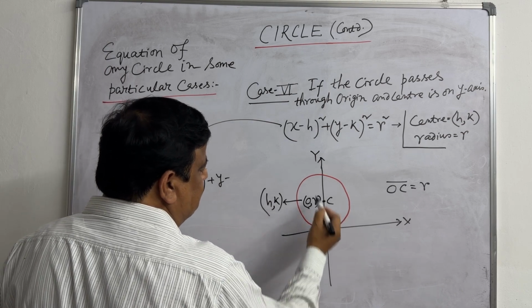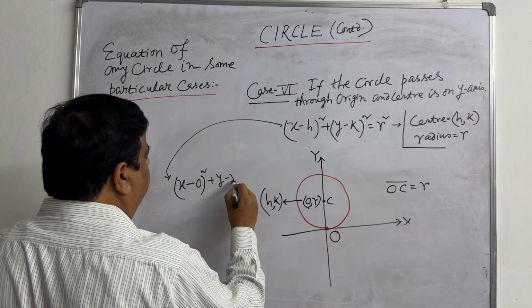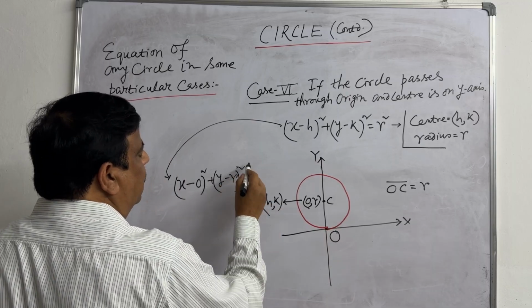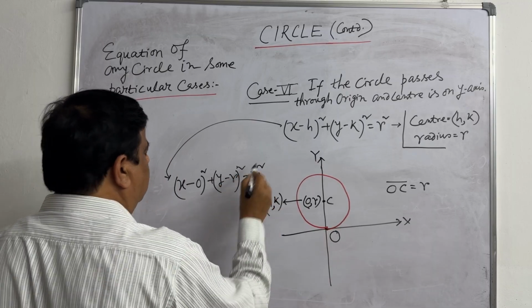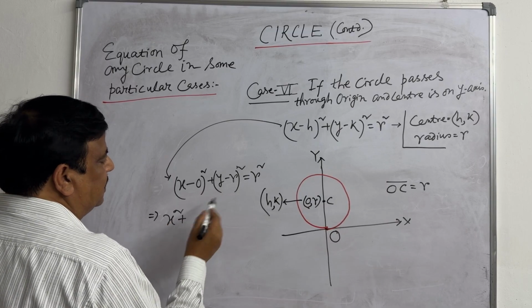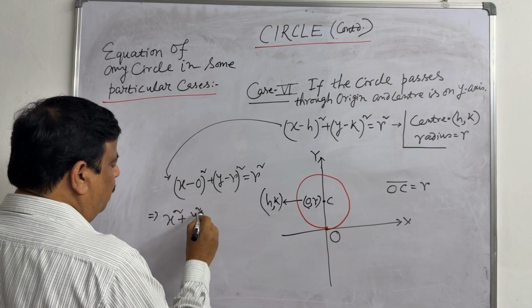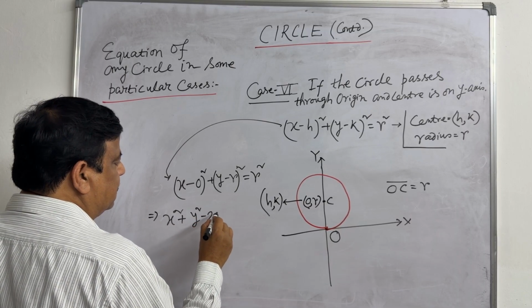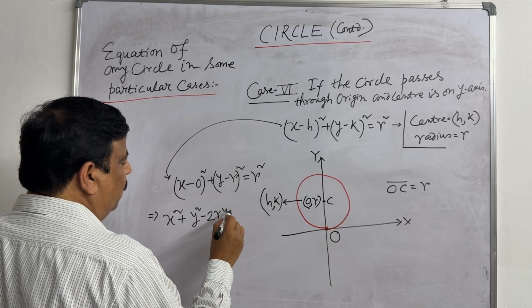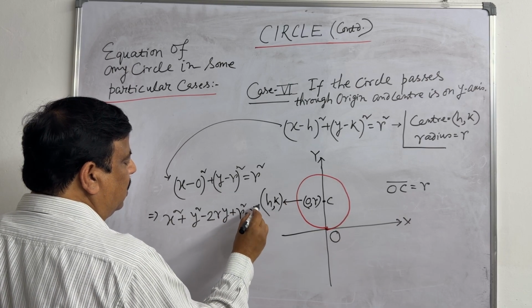This k is r, whole square, that is equal to r square. It implies x square plus, use (a minus b) whole square, y square minus twice r into y plus r square, that is equal to r square.